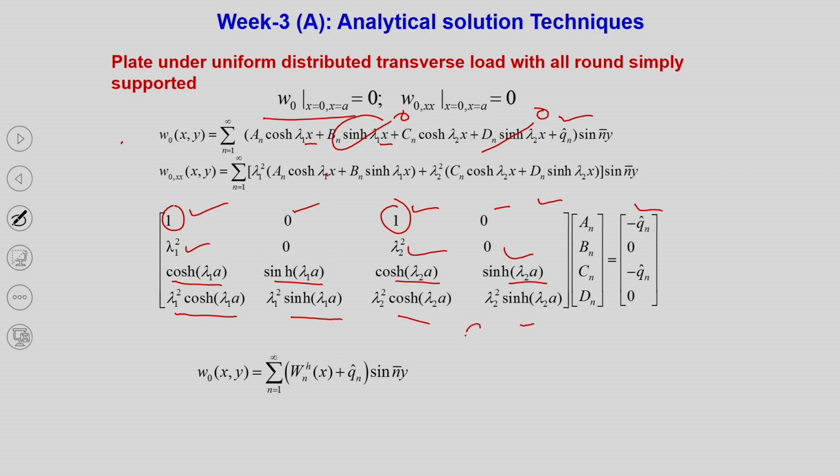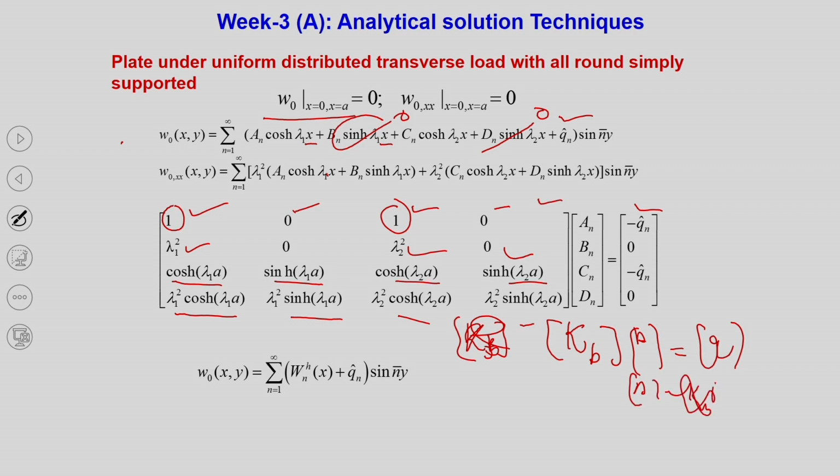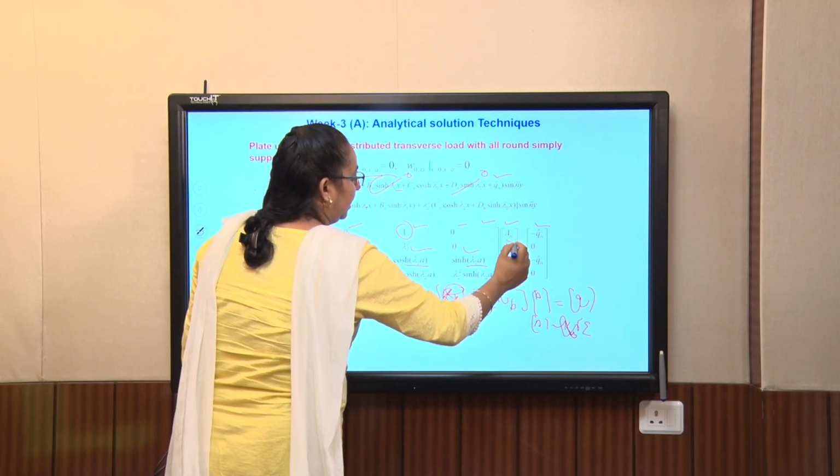Let us say my matrix is K boundary, so K boundary times An, Bn, Cn, Dn is equal to Q. So the coefficient vector will be K boundary inverse times Q. Because for the present case you can even find it in symbolic form, you put A, B, C, D and in Mathematica just take the inverse of that, and some of the terms can be written down. In this way you are able to solve for An, Bn, Cn, Dn.